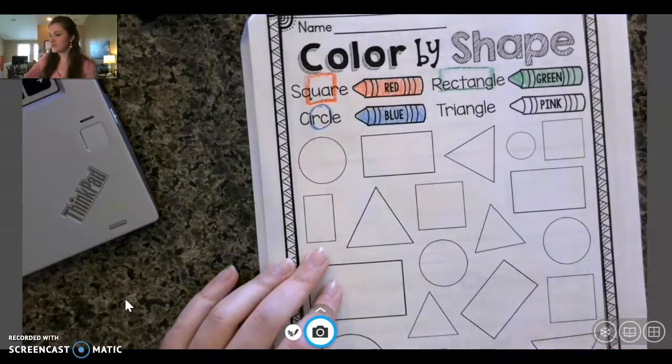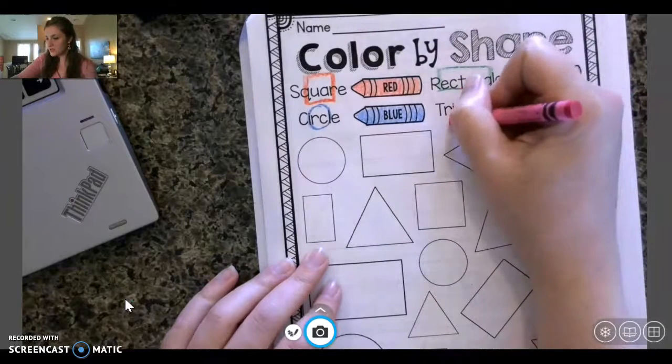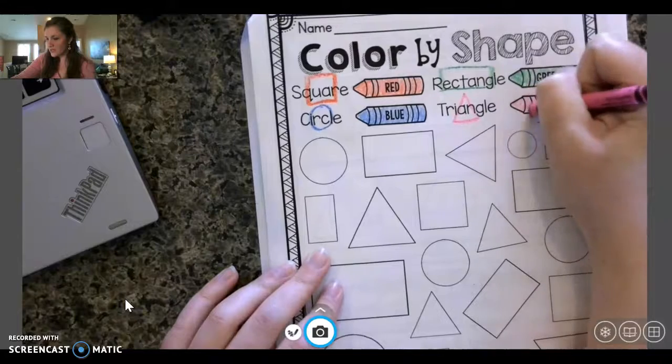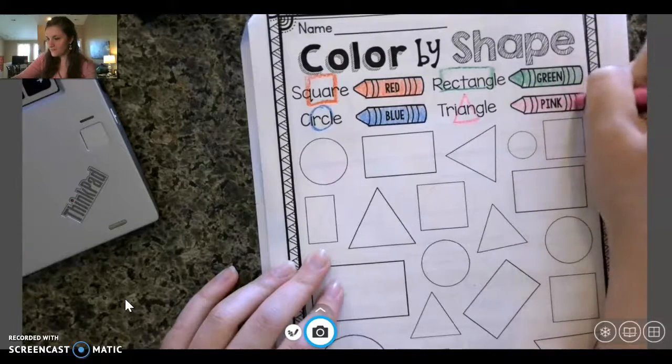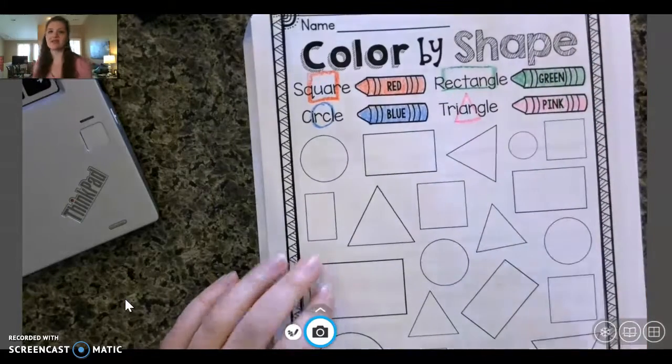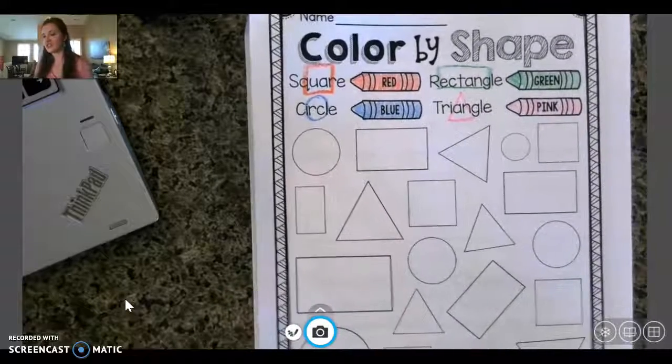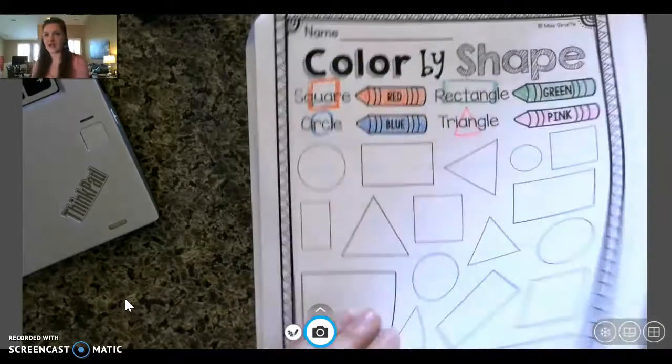And every time we see a triangle, it will be colored pink. Okay, so like I said, this front page I think is pretty easy. It's just identifying which shape is which and coloring it the right color.